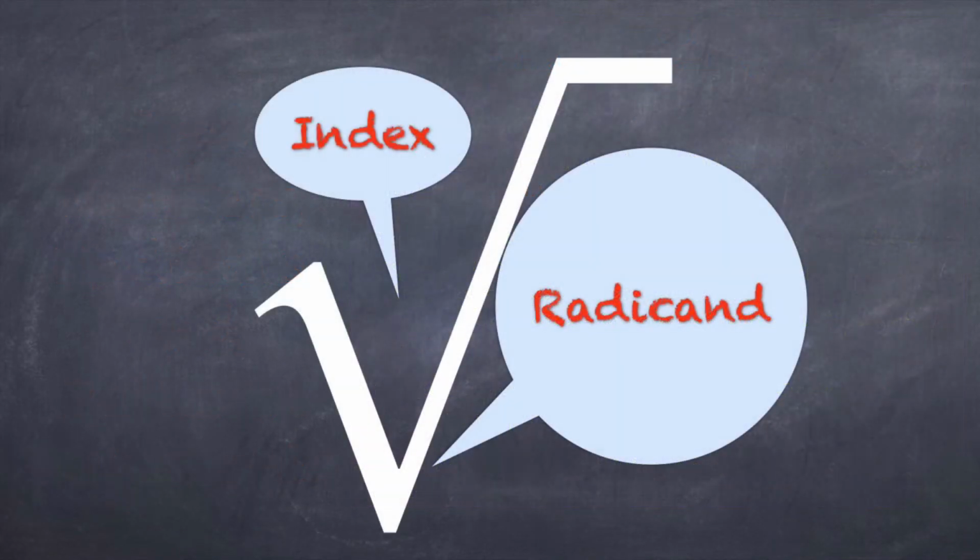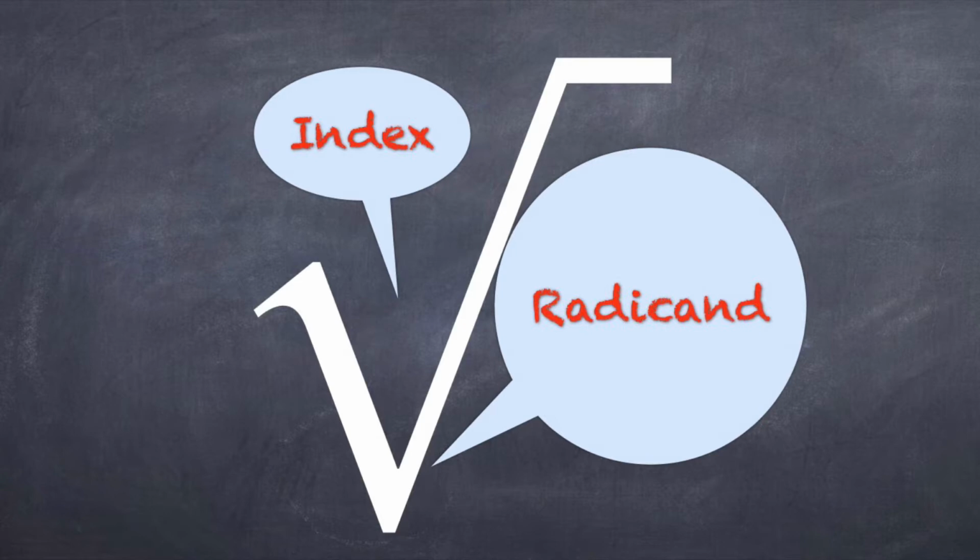Now, let's talk about radicals. A radical is that symbol that you're looking at, and as you can see, it has essential parts: the symbol, an index, and the radicand.